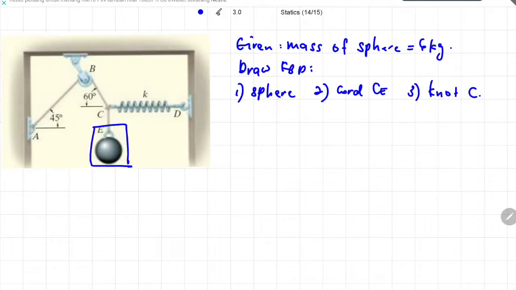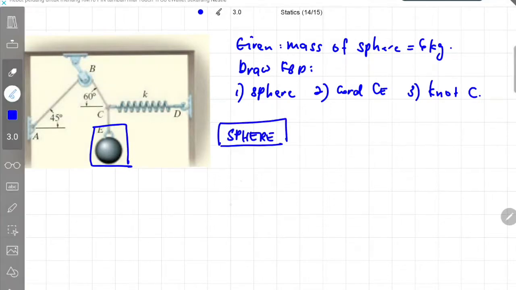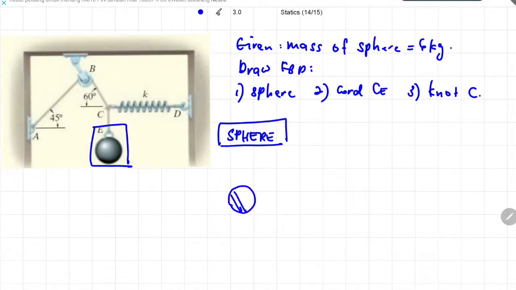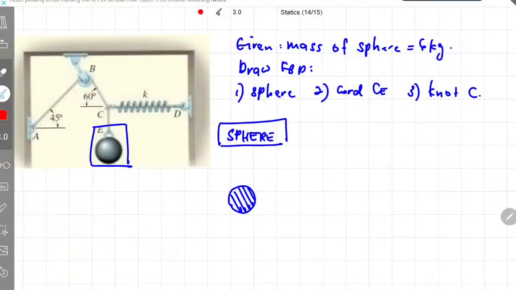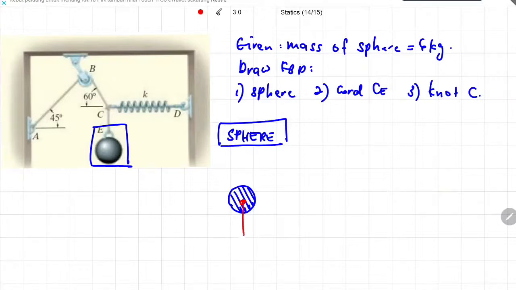Okay, the first entity that we want to study is the sphere. Now imagine you free up that sphere element only. Take it out from the entire system so that you can only see the sphere and maybe some small portion of cable CE. Now this sphere has weight, right? If you remember, one of the common forces used in free body diagram is weight caused by gravity.